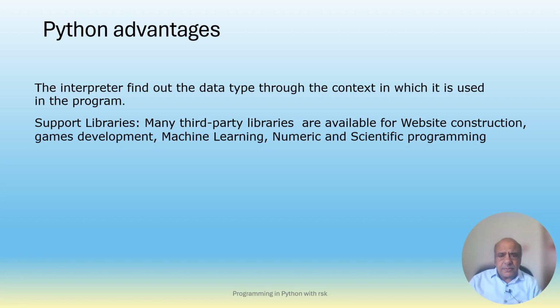There are ready-made libraries. We have to just include those libraries in our program, and all the specific functions of that library are made available for development of our program.